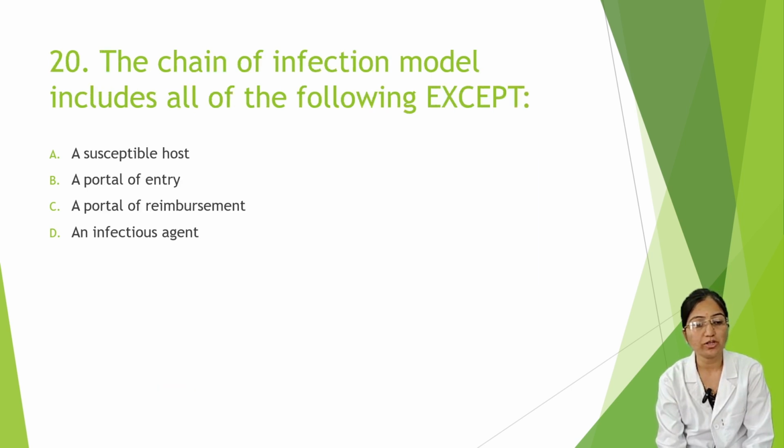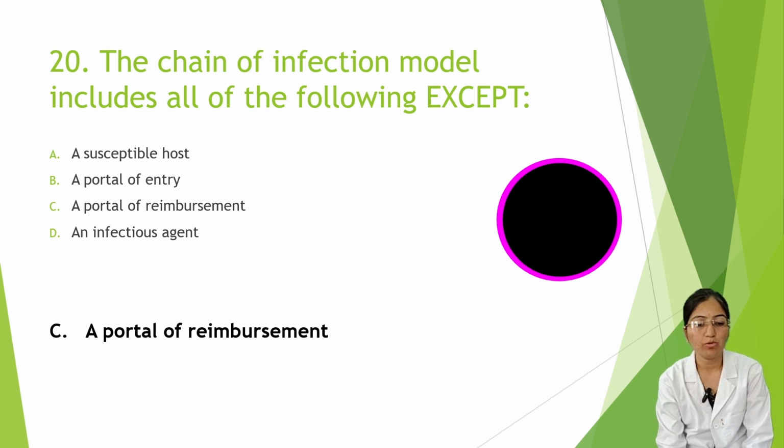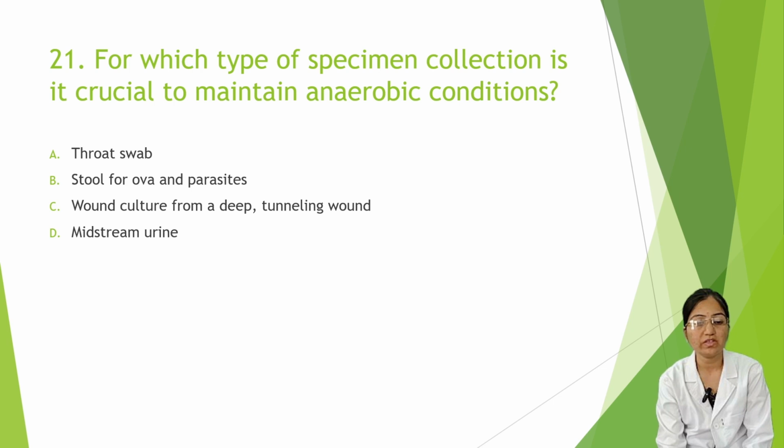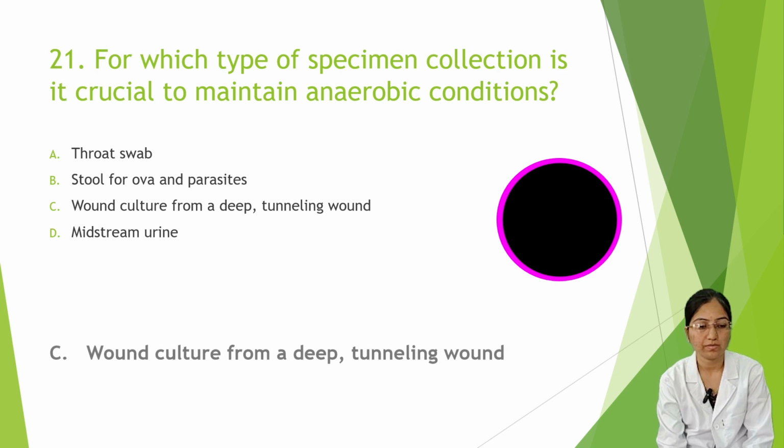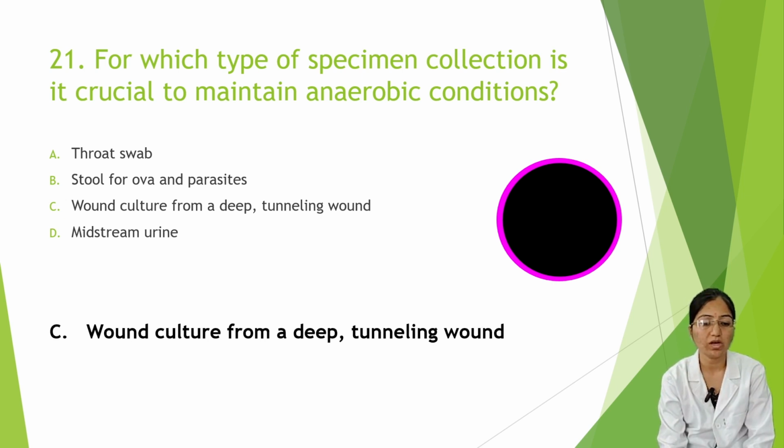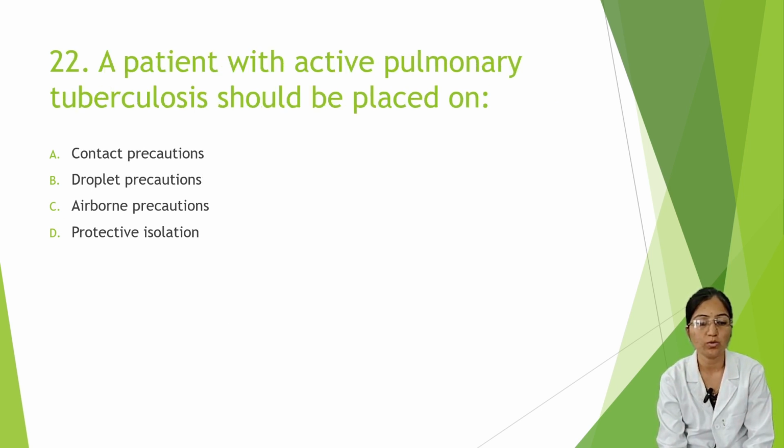The chain of infection model includes all the following except a portal of reimbursement. Next question. For which type of specimen collection is it crucial to maintain anaerobic conditions? Right option is C, that is wound culture from a deep tunneling wound.